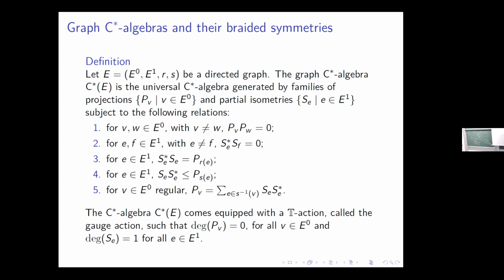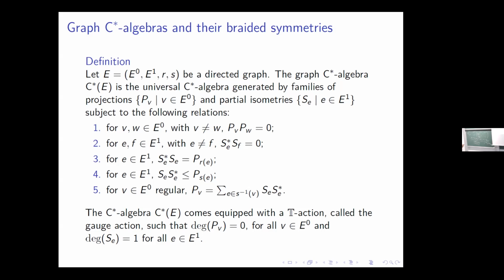For different vertices, the projections are orthogonal. For different edges, the partial isometries are orthogonal. If we take an edge e and apply the partial isometry s_e and then come back with the adjoint of s_e, I get the projection indexed by the range of e.